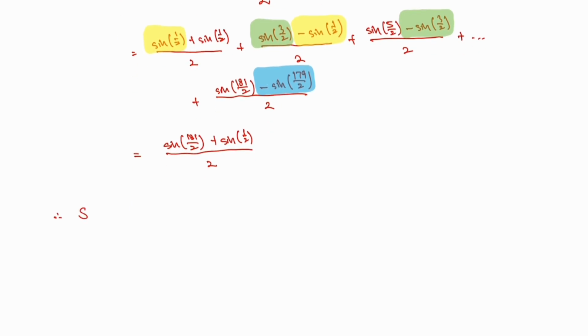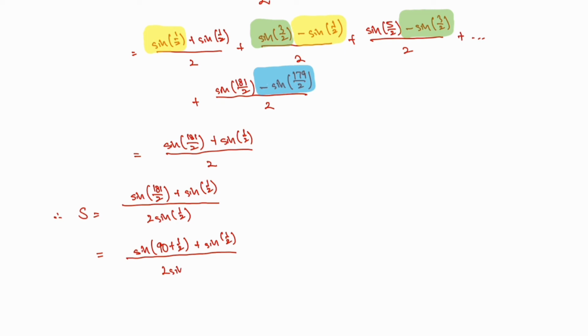So therefore, S is equal to sine of 181 over 2 plus sine of a half over 2 sine of a half. Now this is equal to sine of 90 plus a half plus sine of a half over 2 sine of a half.